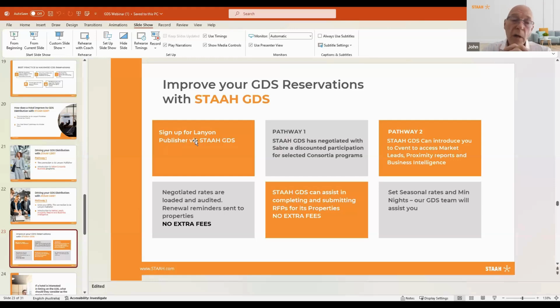So we have the appetite and the time to help you as a hotel complete your Lanyon Publisher to the best level it can be, and you are then ready to use that Lanyon Publisher to respond to the RFPs. And as I said, we don't charge extra for that service.